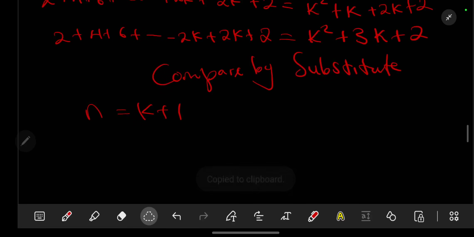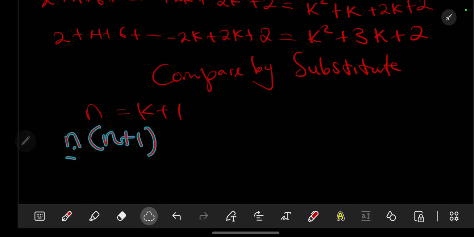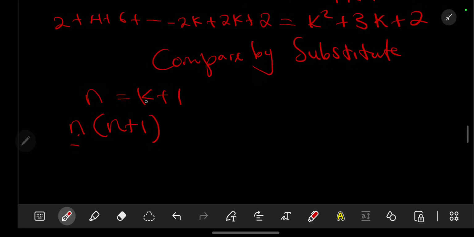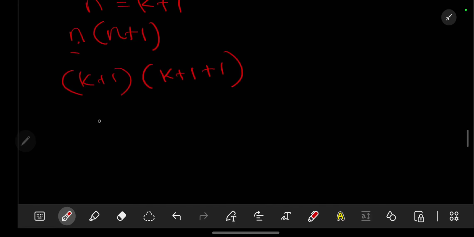If it gives you the same, it simply means to say whatever you have done there is correct. So you are going to have, where there is n, you are going to put k plus 1 like that. Where there is n, you are going to put k plus 1, but we have another plus 1 like that.